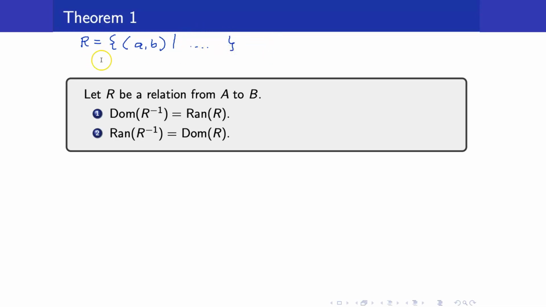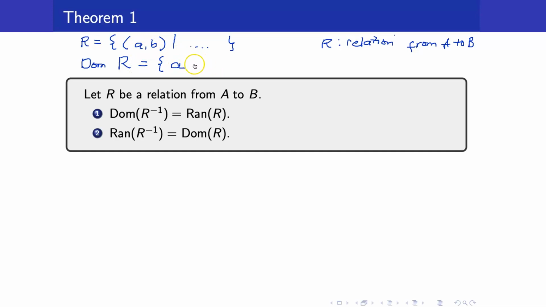Okay, so the domain of R is just the collection of all first entries. So my R here is a relation from A to B. So therefore, it's a subset of A times B. The domain of R, that's not the set of real numbers. This is the domain of the relation R. It contains all first entries.